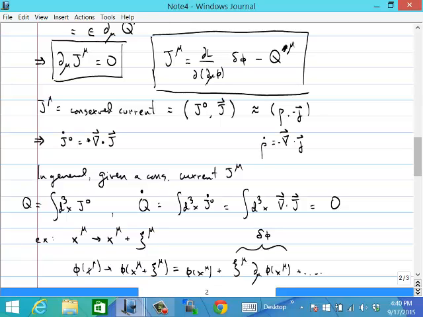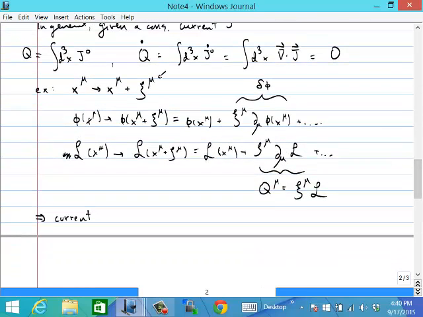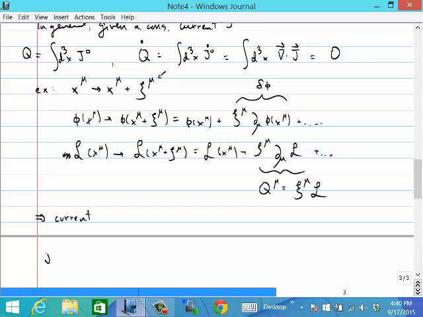Here, mu is just a dummy index, and I don't want to confuse it with the mu index that I put on the zeta here. So I'm going to relabel it nu. So J nu is dL by d nu phi delta phi minus q nu. I'm just rewriting the equation that I wrote down above.